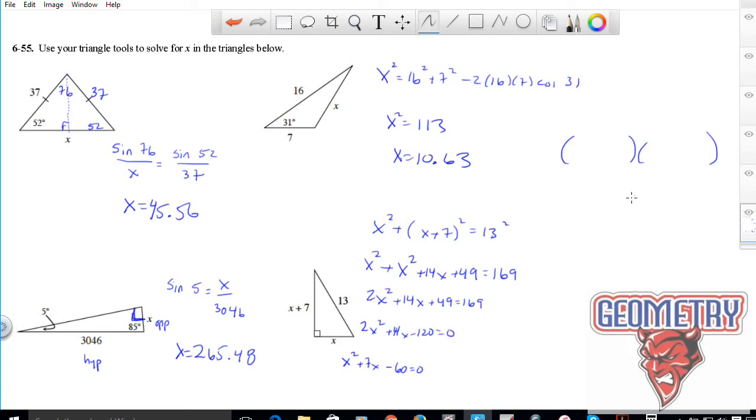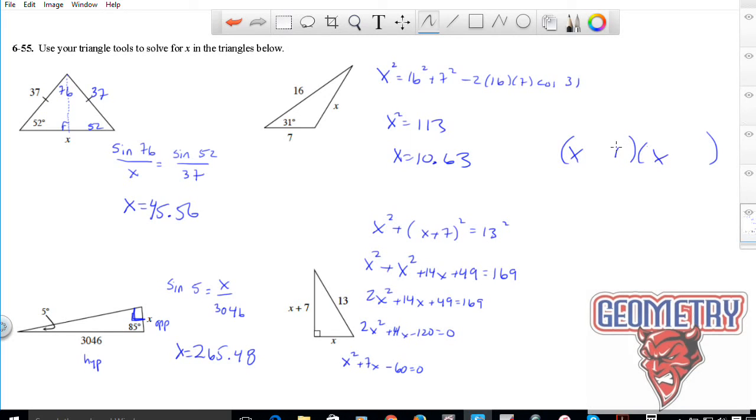And so this is where we would probably use our box and diamond type thing, more so our diamond here, our generic rectangle, to try and figure out factors of negative 60 that give us 7. So we just got to think of some factors of 60. 60 and 1, obviously not going to work. 30 and 2, not going to work. 15 and 4, not going to work. 12 and 5, that sounds like a winner.